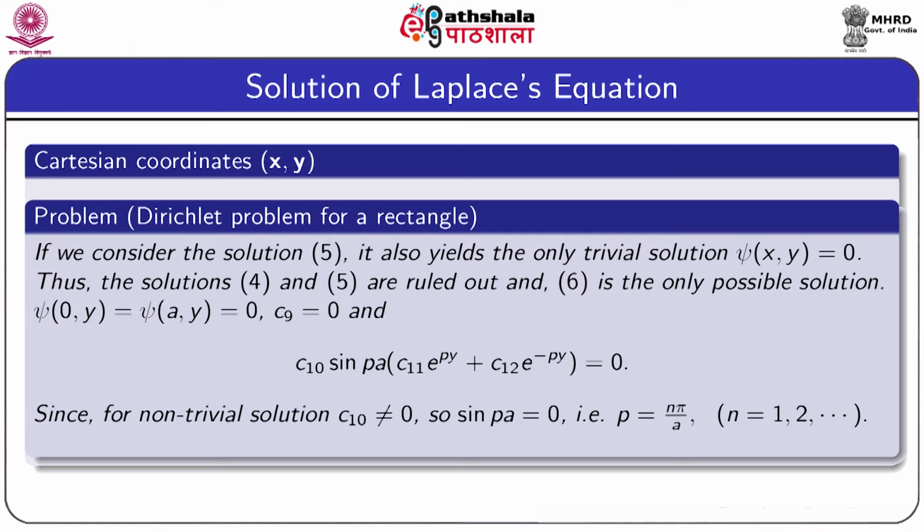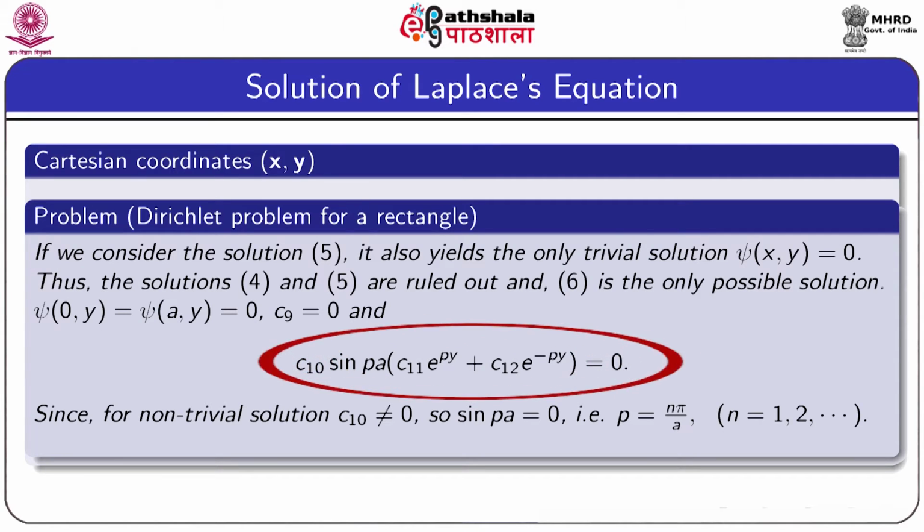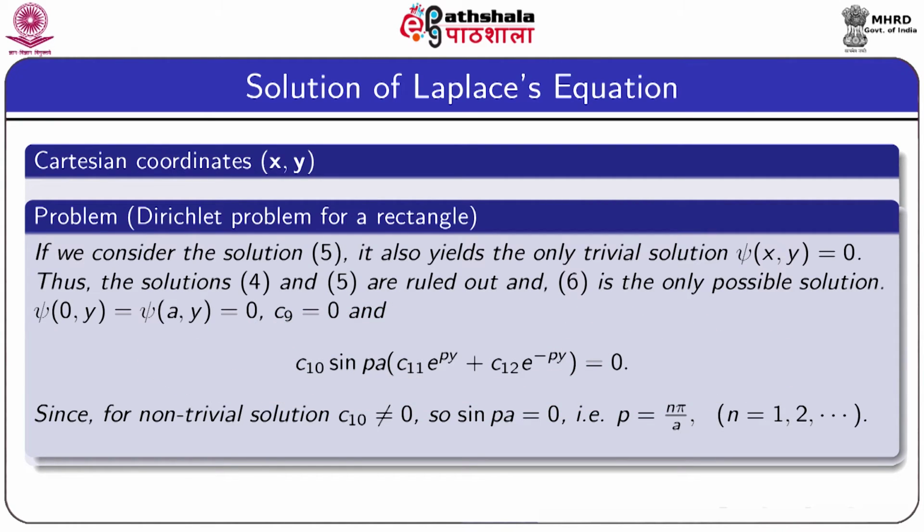If we look at the solution 6, in this solution if we put the boundary conditions psi(0, y) equals psi(a, y) equals 0, this gives C9 equals 0 and C10 sin(pa) times (C11 e to the power py plus C12 e to the power minus py) equals 0.